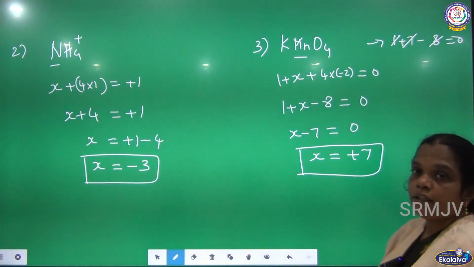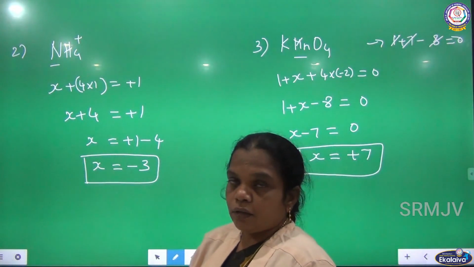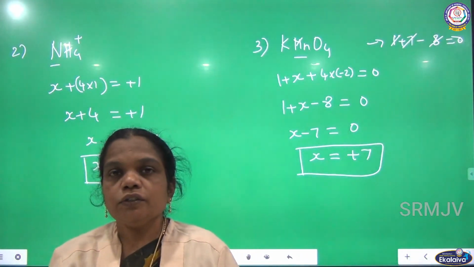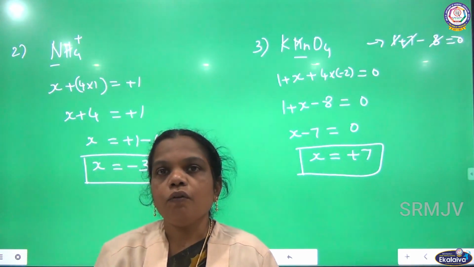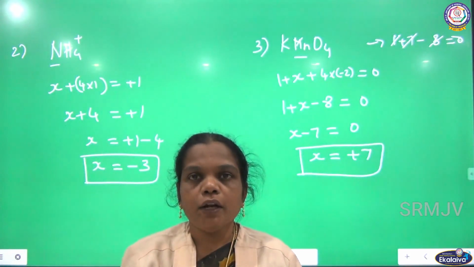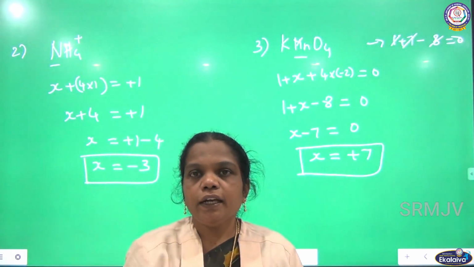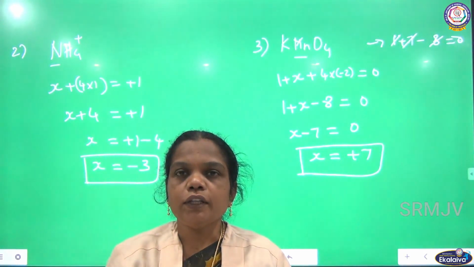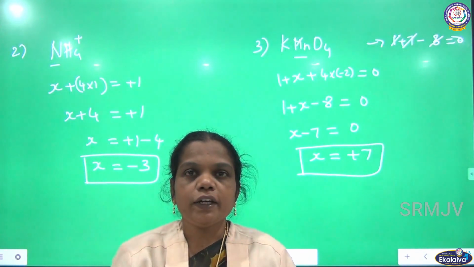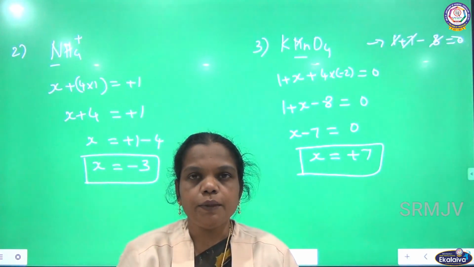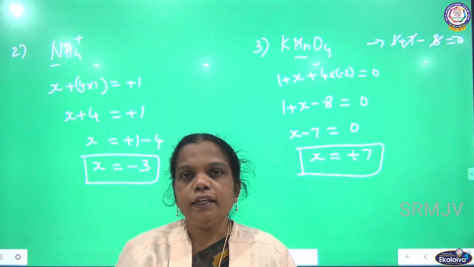So the algebraic sum of the oxidation states is also 0. So the compound forms a neutral molecule. So by this you can learn the oxidation number, so you have to follow the tips. Don't forget to follow the tips to find the oxidation number.